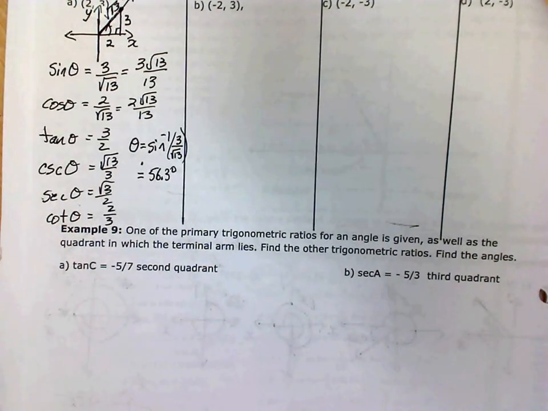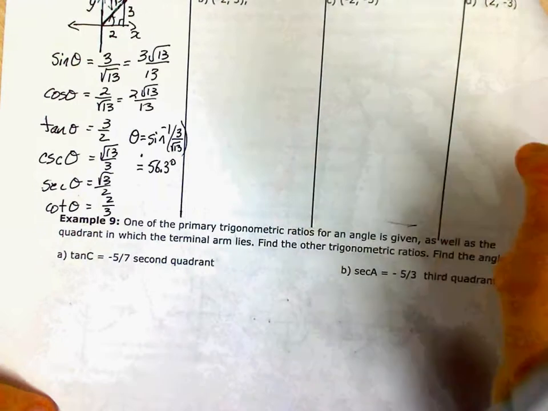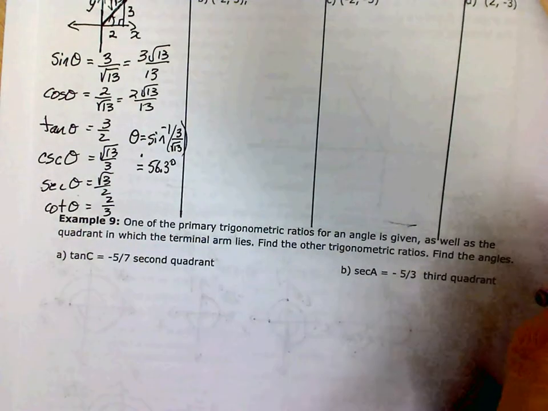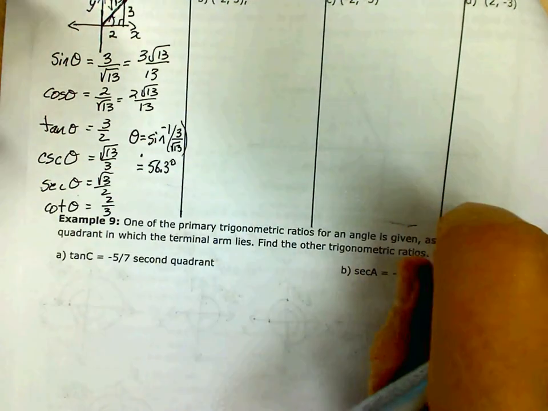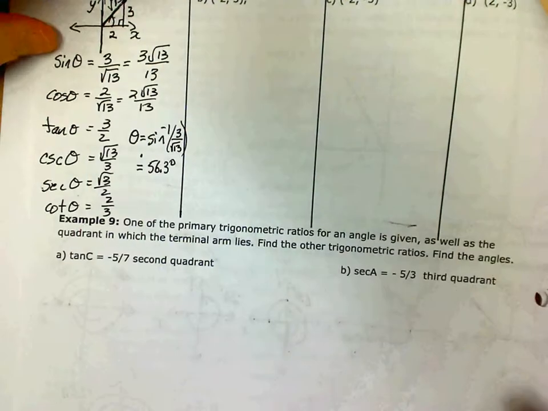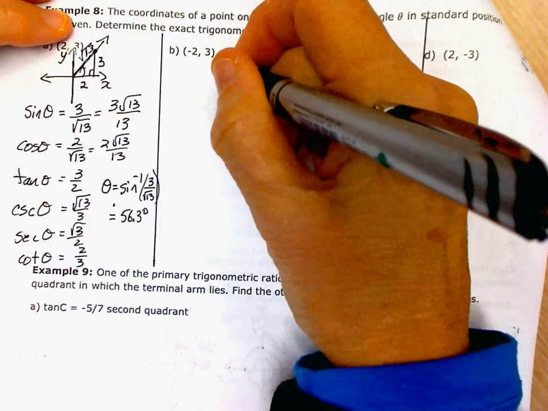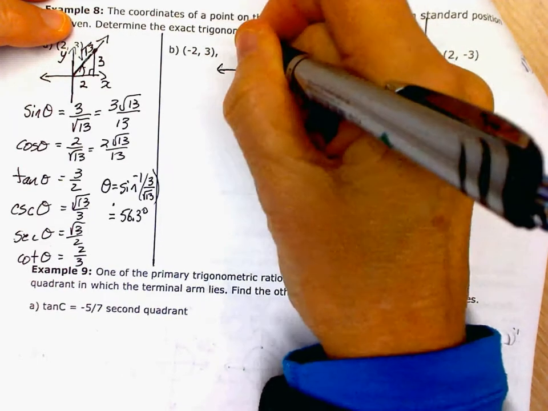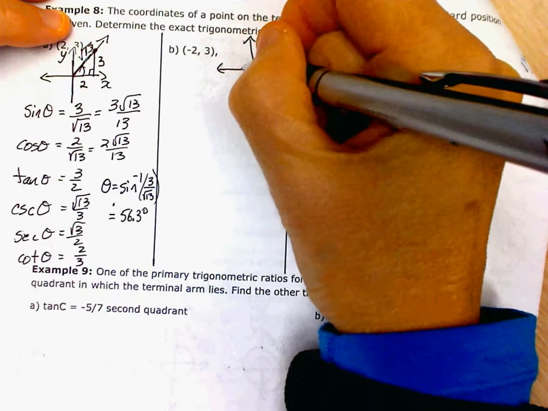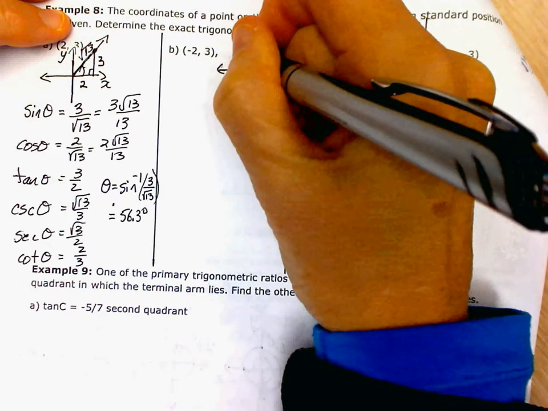And there's going to be an interesting relationship between the angles. In order for you to understand tomorrow's lesson, you need to see the patterns we're developing here. Okay, let's draw it. Now it's negative 2, 3. It's about there, approximately.